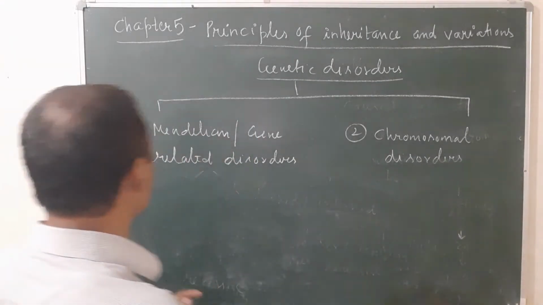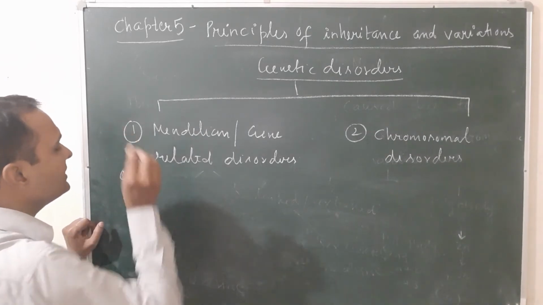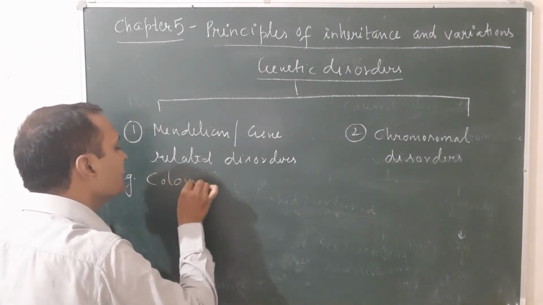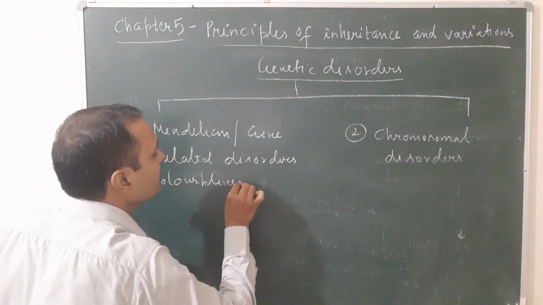Examples of gene-related disorders: first one is color blindness.